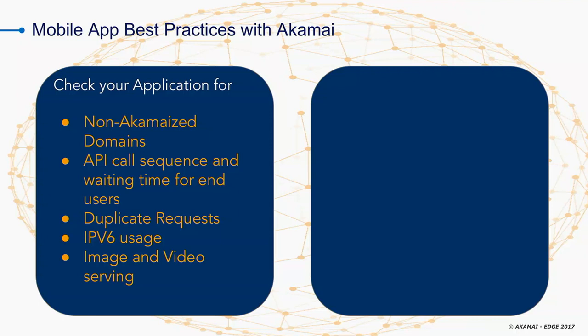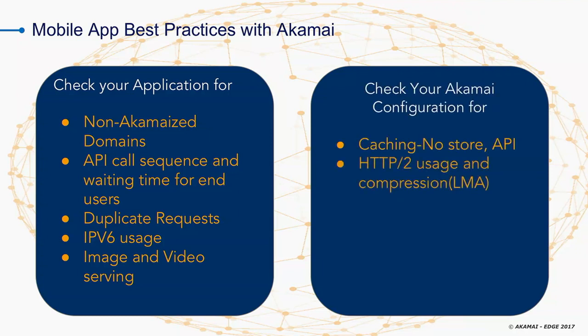Are you calling things, or even JavaScripts, that are not that critical for your mobile application to load early on? So look at that sequencing and change that, and then there are a bunch of things over there. Are you looking at image and video compression, for example? Again, Akamai products can help you with some of that.